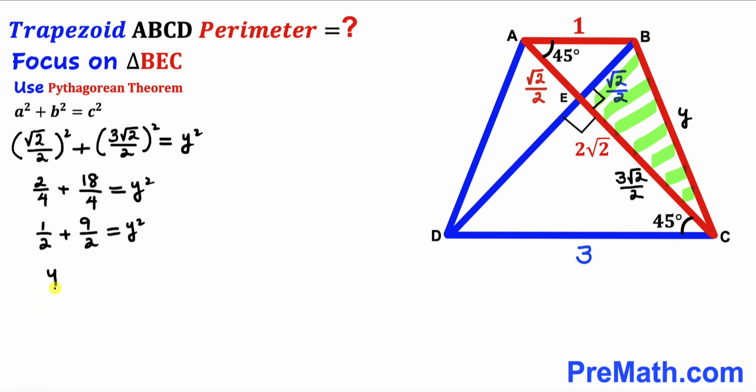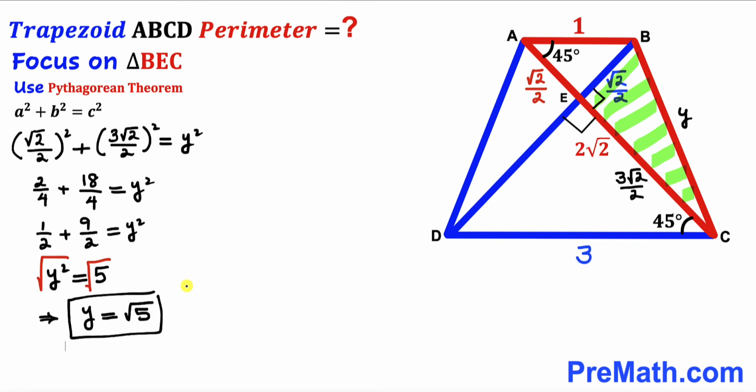So therefore y square is going to be equal to 5 when we add these two fractions. And now I'm going to undo this square by taking a square root on both sides. So therefore our y value simply turns out to be positive square root of 5 units. So therefore this side BC length simply turns out to be square root of 5.